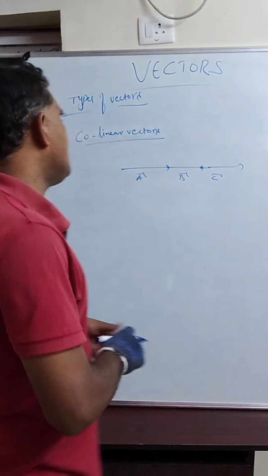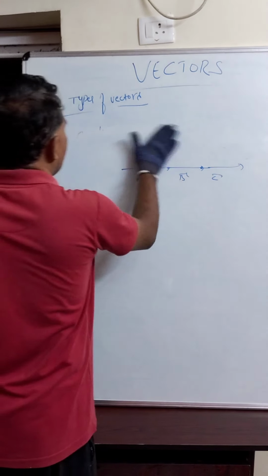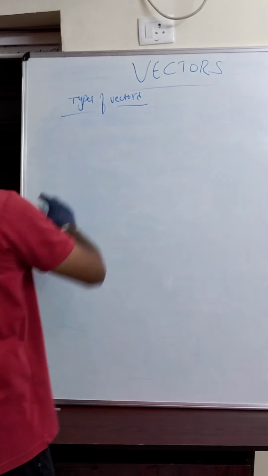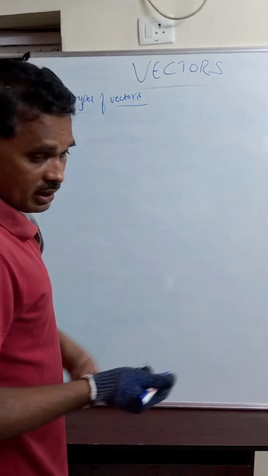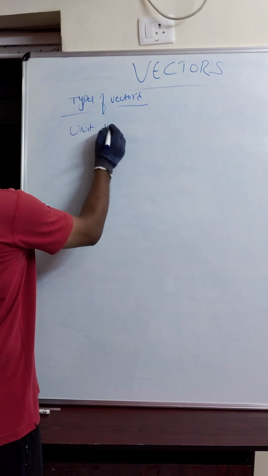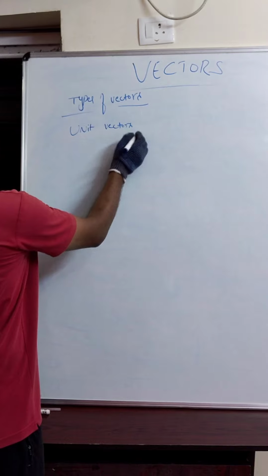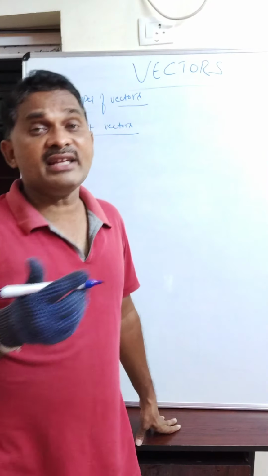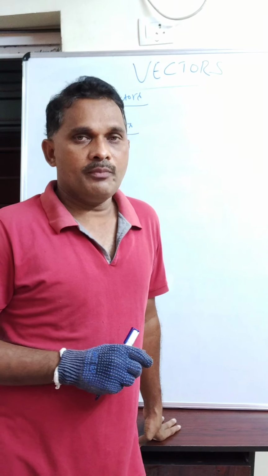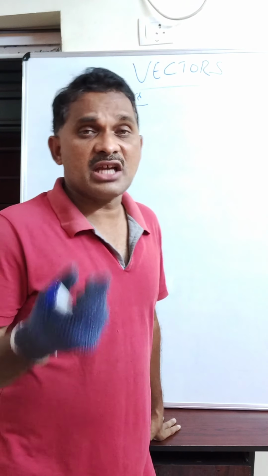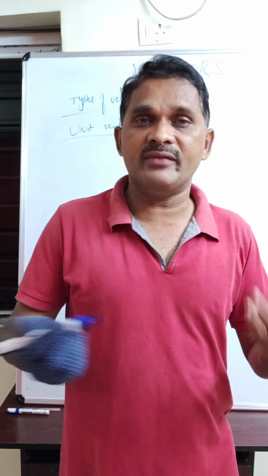So next one is unit vector. Very, very important. This one is important for IBE also. So what are unit vectors? Unit means one. If any vector's magnitude is 1, so direction is specified and magnitude is 1, such kind of vectors are called unit vectors.